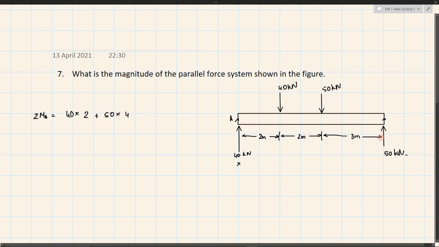And the last one is trying to rotate the body in anti-clockwise direction, so I'll take the sign as negative. 50 into the perpendicular distance, which is 3 plus 2, 5 plus 2, 7. Upon simplification I'll have minus 70 kilonewton meter. Straightforward. Here the minus represents the net moment, that is, the net moment would be in anti-clockwise direction.